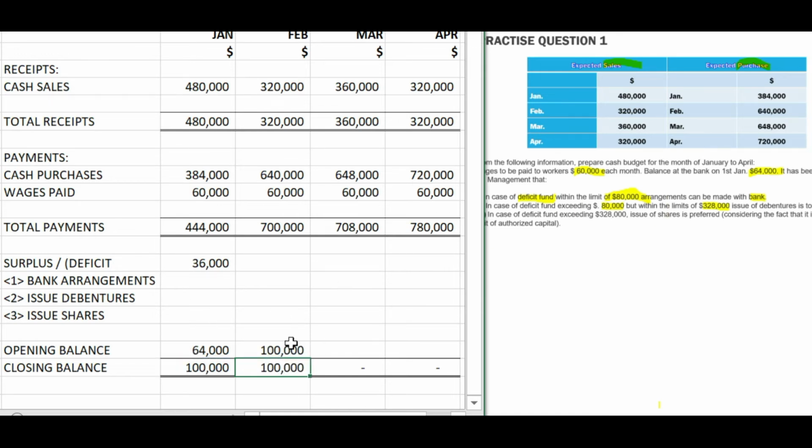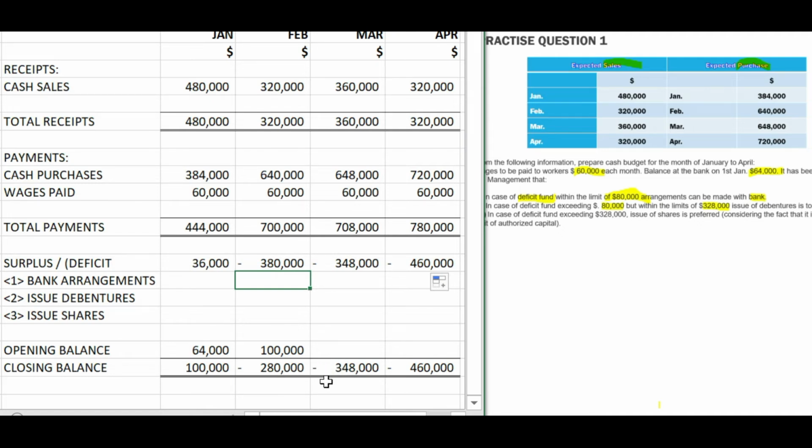Look at this: surplus 320,000 minus 700,000, we have a deficit of 380,000. But remember we have an opening balance of 100,000 here. So without inserting any amount in the scenarios, we will have a shortage of 280,000.